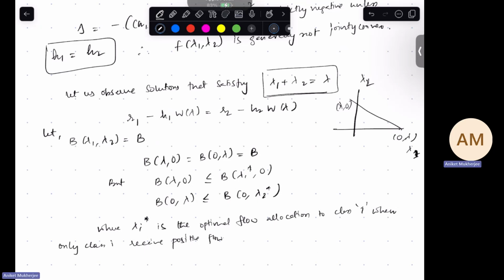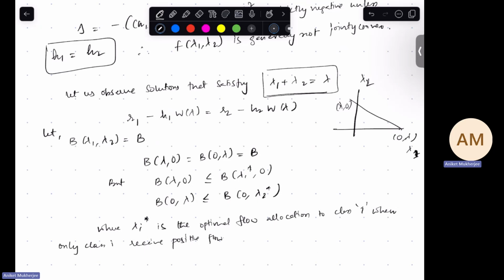So what we see here is that the interior solution to the first order condition is dominated by both optimal single class allocations. In other words, the system achieves at least as great a net benefit by allocating all flow to a single class, regardless of which class. Then, by using an interior allocation, which we have derived using the first order condition, right? Which does not make sense, but okay, let's look into the math.